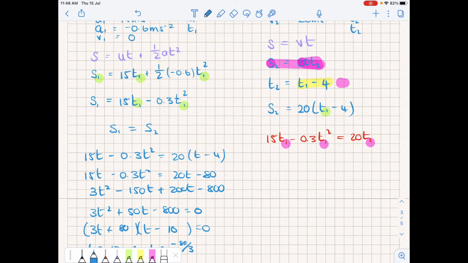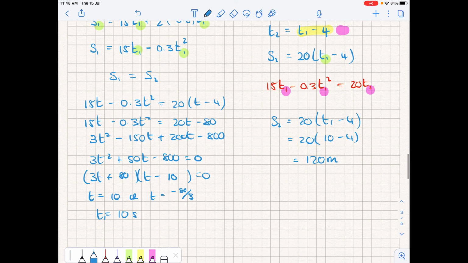So with that in mind, I'm going to use displacement equal to 20 times (t1 minus 4), which is equal to 20 times (10 minus 4). That gives me 20 times 6, which is 120 meters. So they pass each other 10 seconds after the junction, 120 meters away from it.